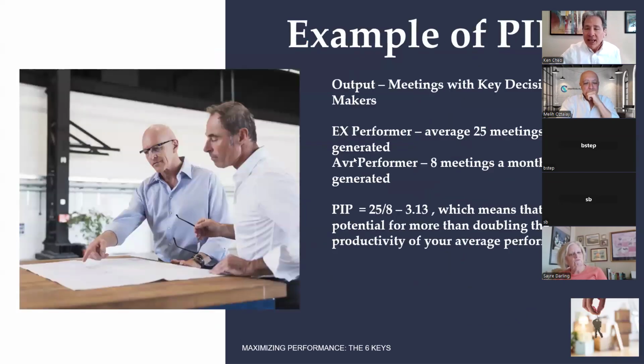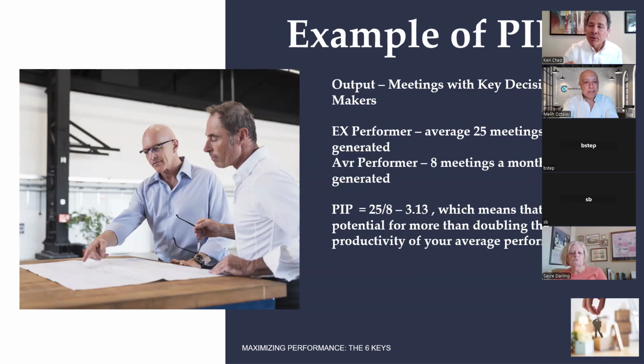The good news is that with salespeople, you've got a lot more opportunity than if you were an Olympic skier. Okay. So take this, for example, you have your top producer that's getting 25 meetings per month, and your average is getting 8. Okay. That's a 3 times improvement potential.